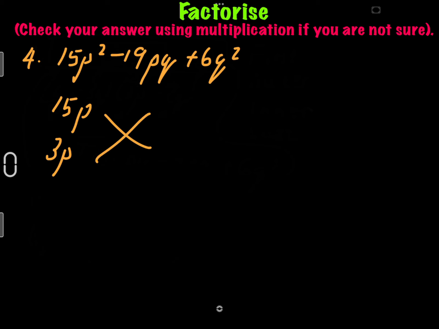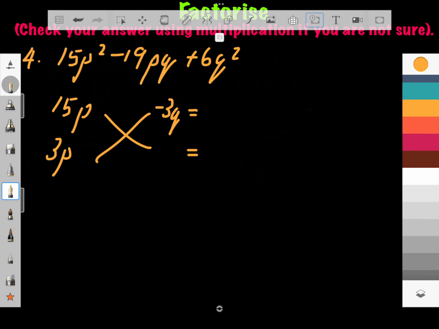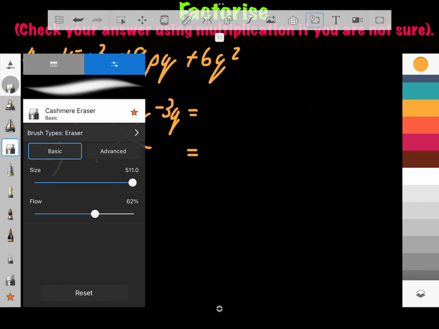So I need to find another factor. After multiplying, 3p must give me a certain product. So in this case, I have positive 3p multiplied by negative 3q. Okay, and then, oh sorry, this is actually 5 instead of 15. This is 5.